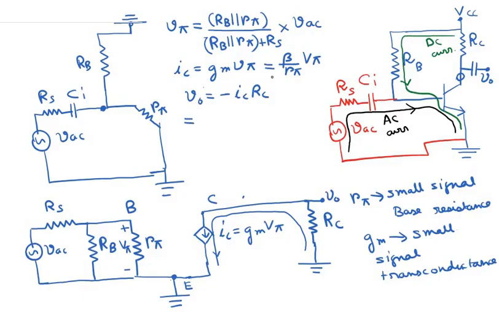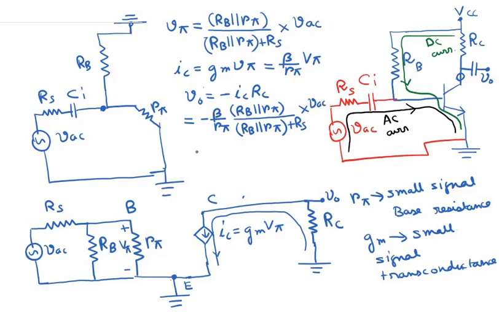We just put these formulas over here. IC is minus beta divided by R pi into V pi, and V pi is RB parallel to R pi divided by RB parallel to R pi plus RS, into VAC.